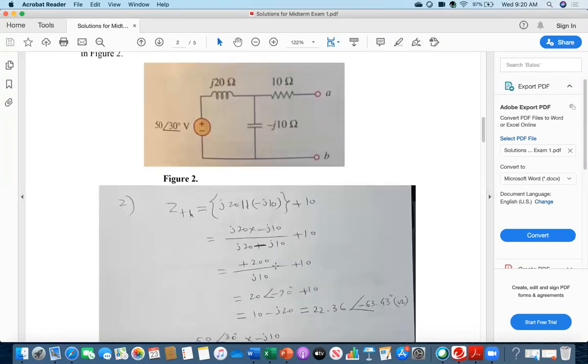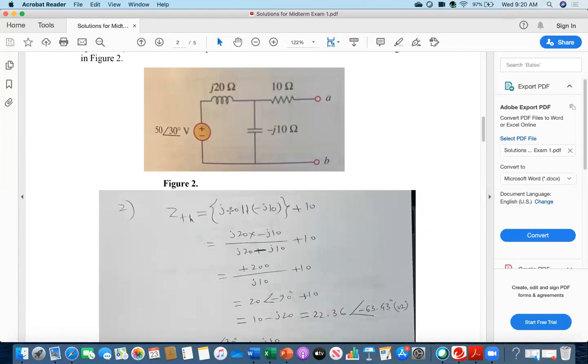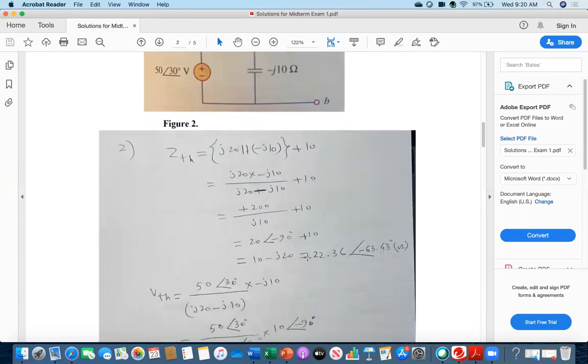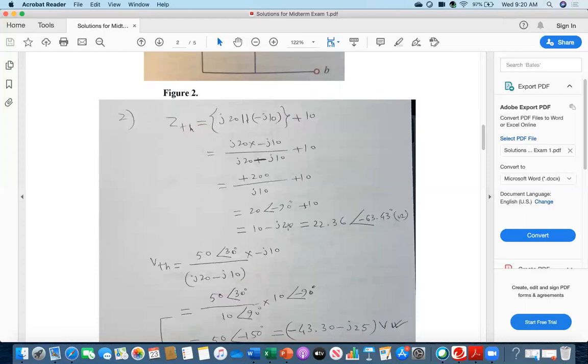So I have written here Z Thevenin: j20 parallel minus j10 plus this 10. And then I am calculating. I got Z Thevenin in rectangular form 10 minus j20, or in polar form 22.36 angle minus 63.43.